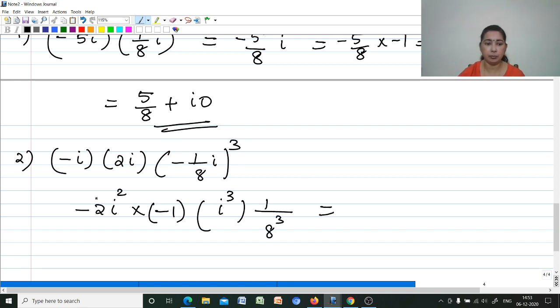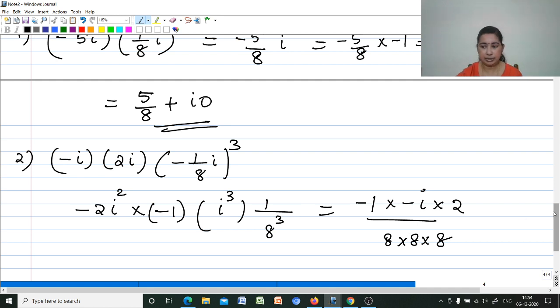and that is equal to minus into minus is plus, 2 minus then plus, then i square is again minus 1, then i cube is minus i, and 1 by 8 cube, 8 cube means we can write it as 8 into 8 into 8. And here 1 2 is also there, that we have to write in the numerator.